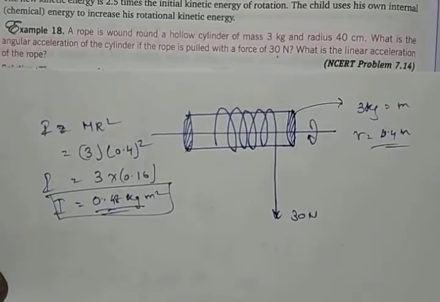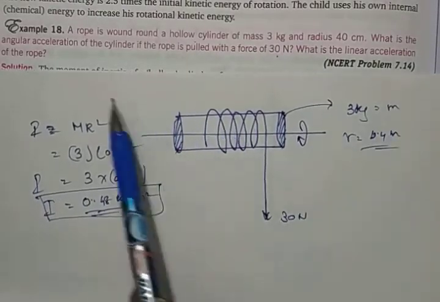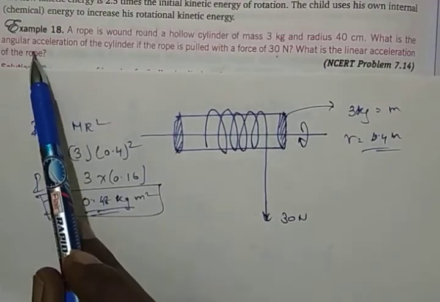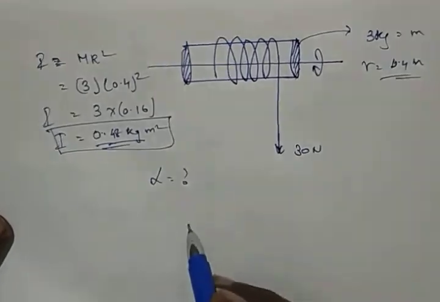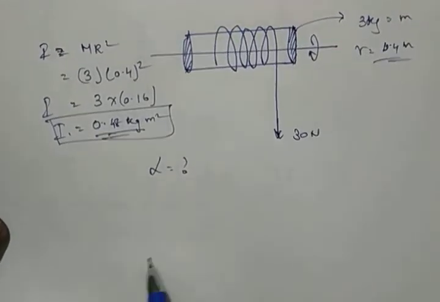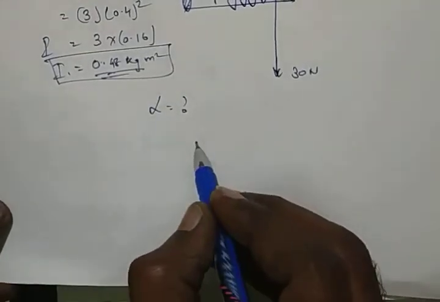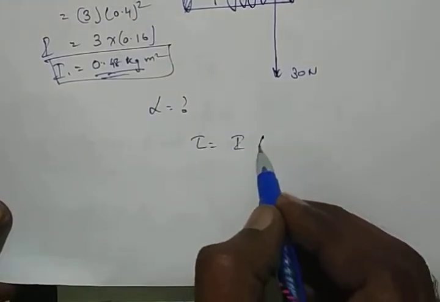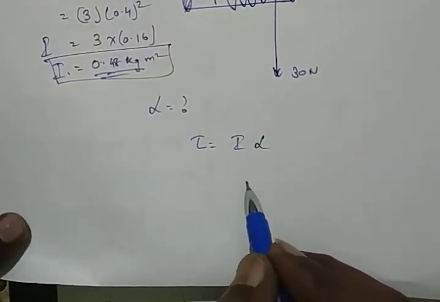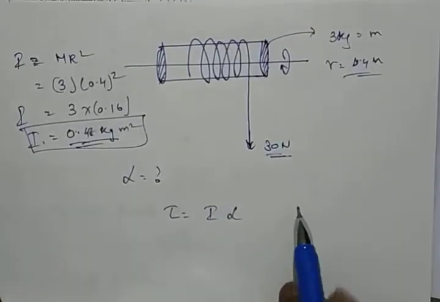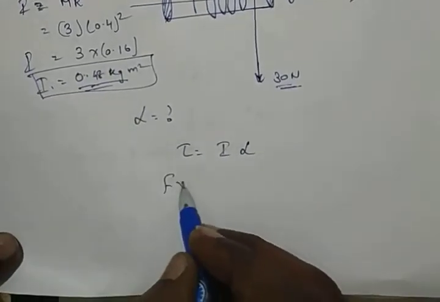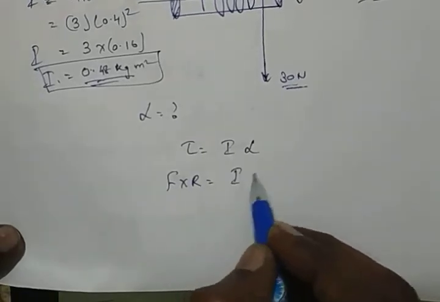Now what is asked here? What is the angular acceleration? Alpha is going to be equal to question mark. I we already found out. So torque is going to be equal to I alpha. You already know this formula. There are 30 newtons applied here. It is going to be equal to force into the radius is equal to I alpha.